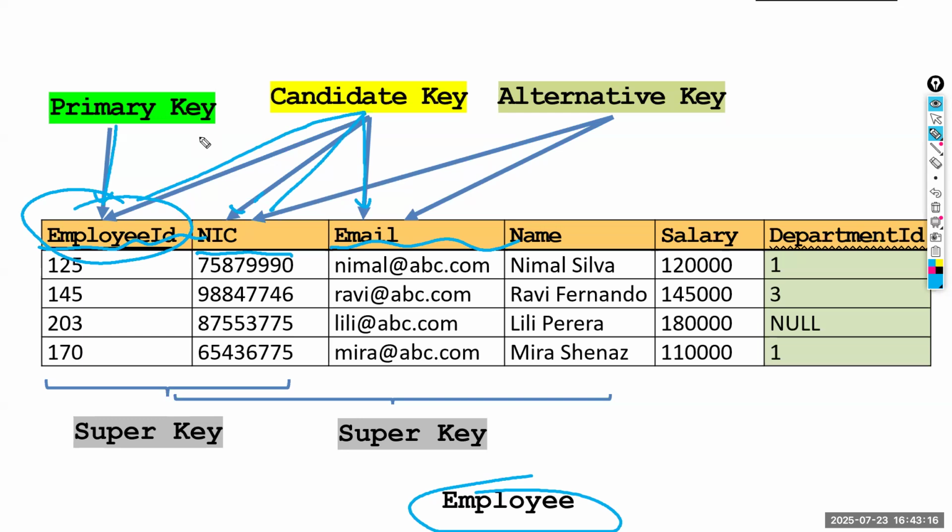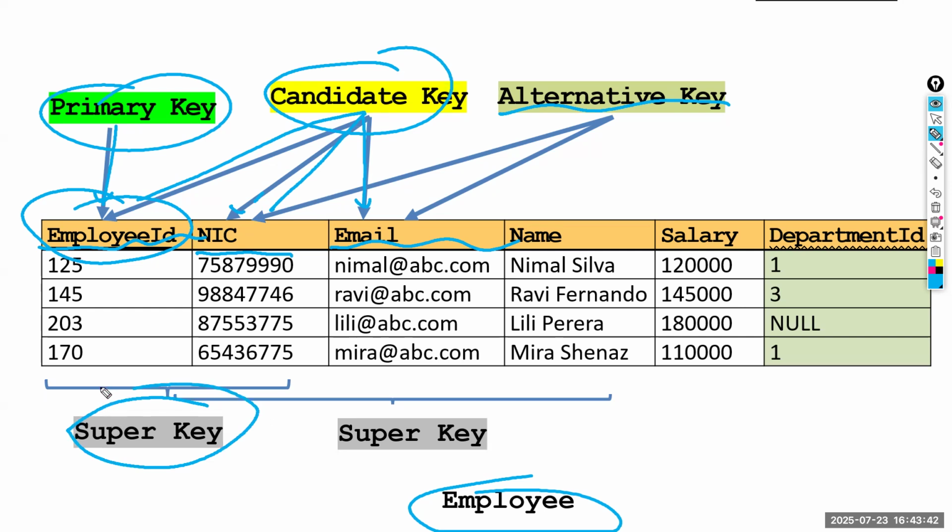Then out of candidate keys, the selected one is the primary key, unselected ones are alternate keys. And if you look at any key combination where you have the candidate key plus something else, a non-candidate key, then it is a super key.